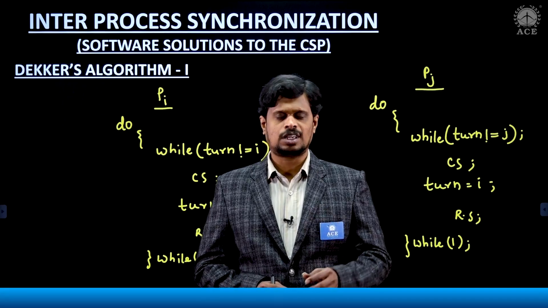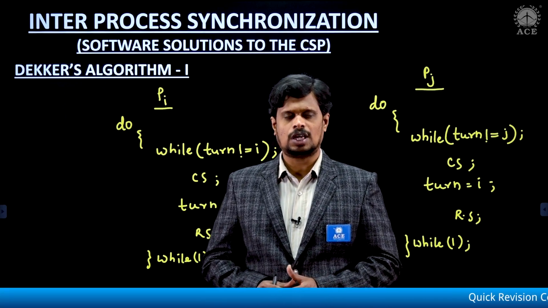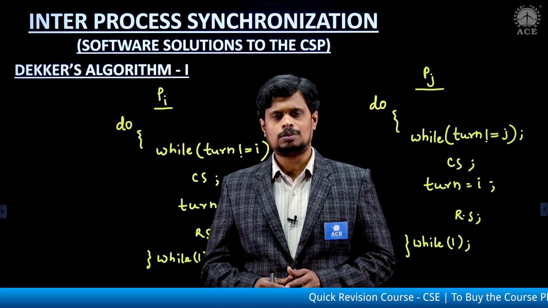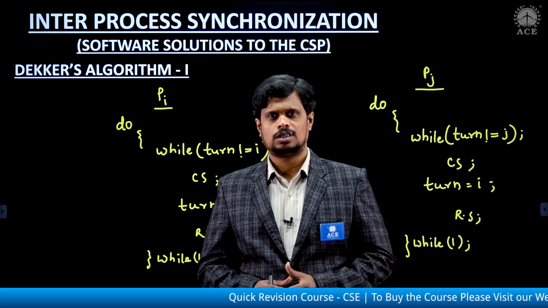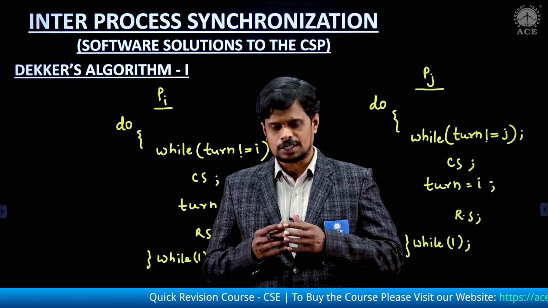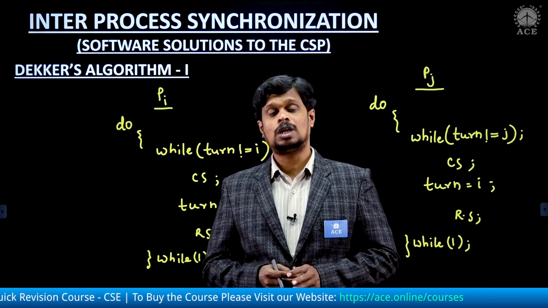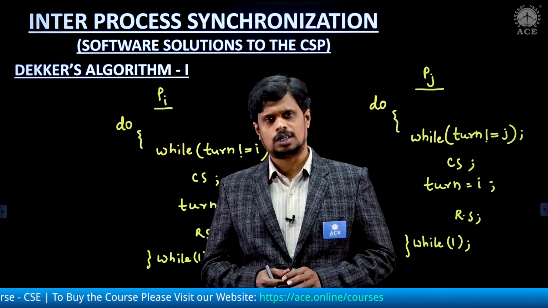Clear? And the second definition for progress: when the critical section is free, among the multiple processes, the selection of which process has to enter into the critical section should not be postponed indefinitely.